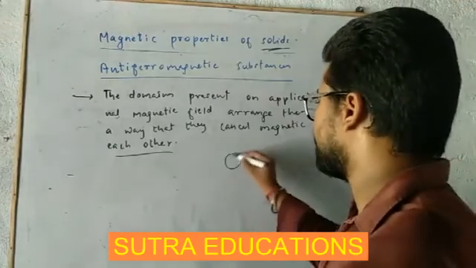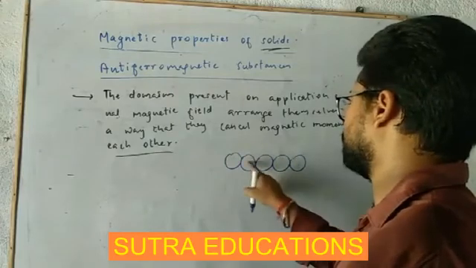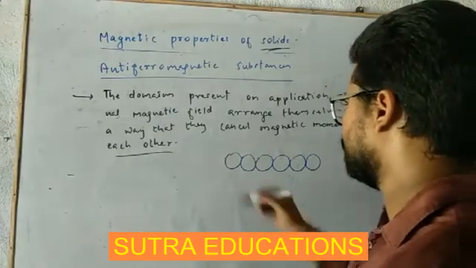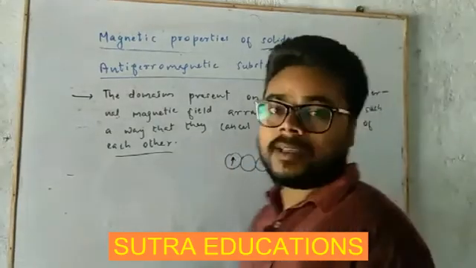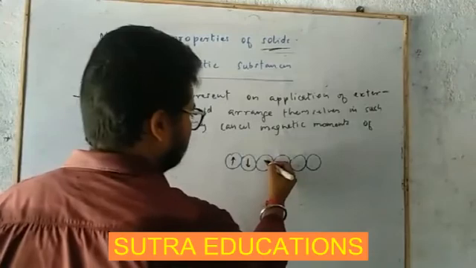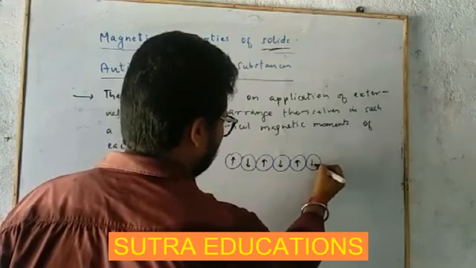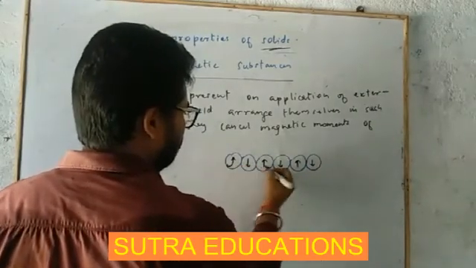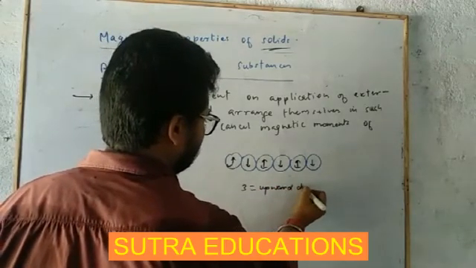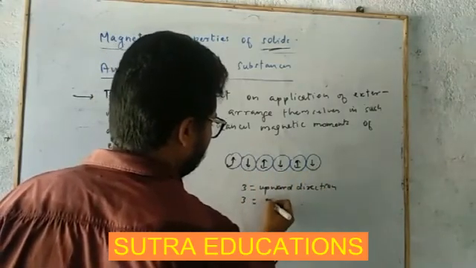Suppose if one is in upward direction, then the other will arrange itself in downward direction. Again, if one is upward, the other will be downward, in the way upward, downward. So 1, 2, 3 are in upward direction and 1, 2, 3 are in downward direction.